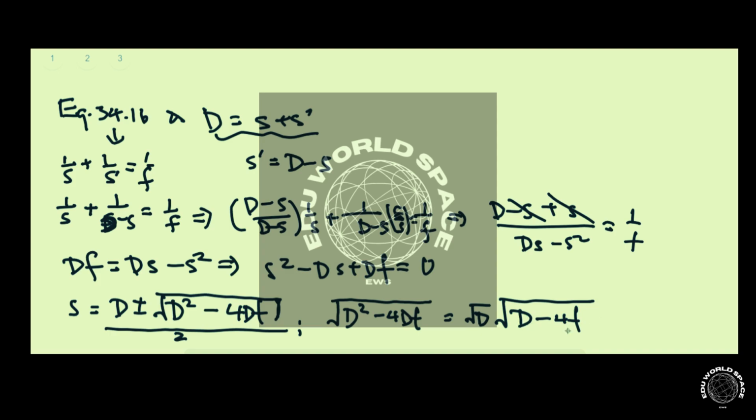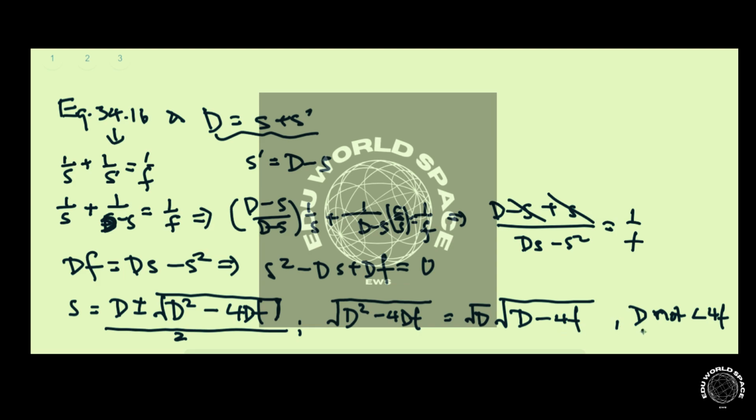Okay, now if d is less than 4f, then the square root is imaginary, and then s becomes imaginary, and we haven't encountered anything like that explicitly, so that can't be a solution to our problem here, right? So we'll discard that. So d cannot be less than 4f. Okay.